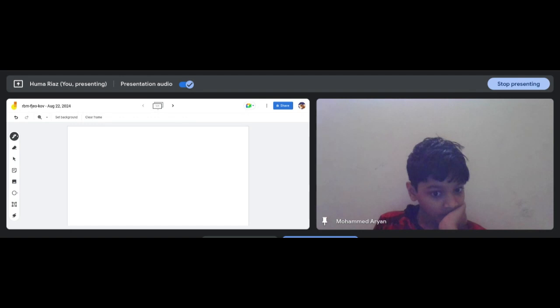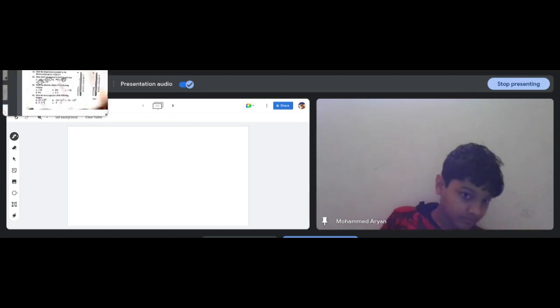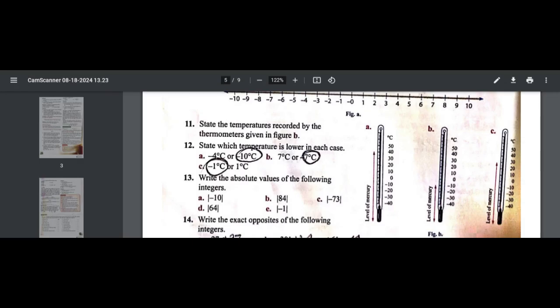Write it down. Look on the book. The red arrow is ending on exactly minus 10.